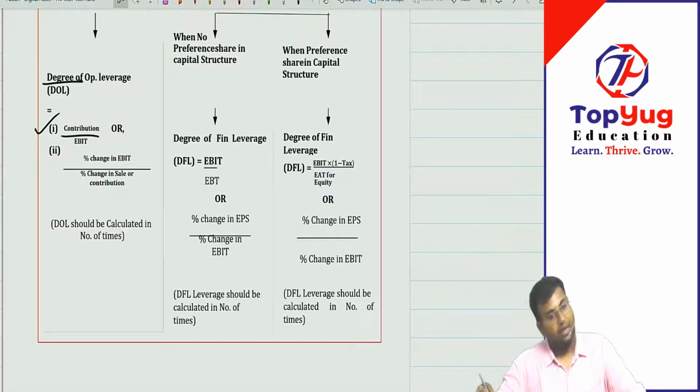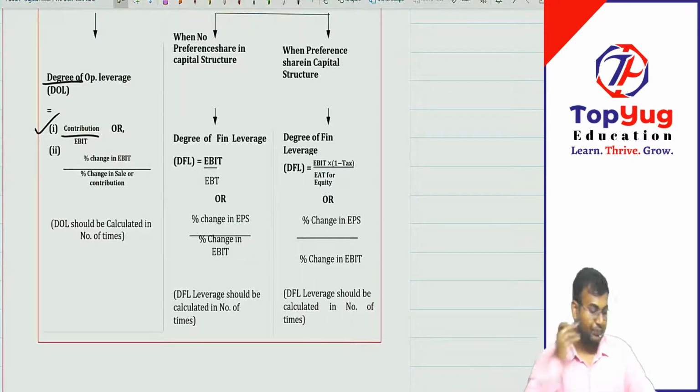You can directly have what? EPS, change in EPS. EPS is earning per share, right? Or you can have change in EAT, that is earning after tax, divided by changes in EBIT. Are we all good? Done.